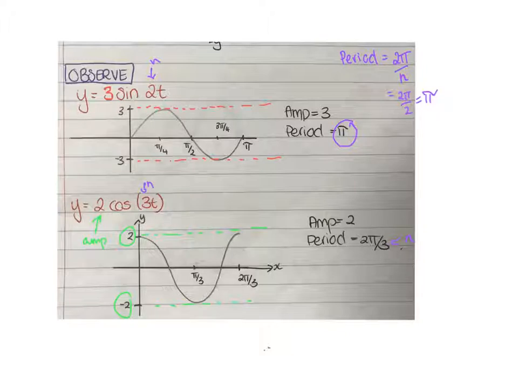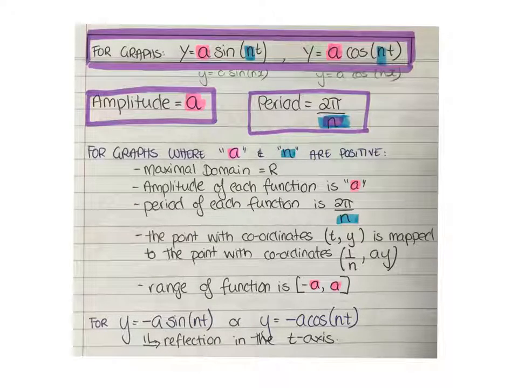So we found that it's going to do the one complete shape in 2 pi over 3 time. Okay, just to summarize, the number in front of the sine or cosine is the amplitude, A, and the period can be found by 2 pi over n.